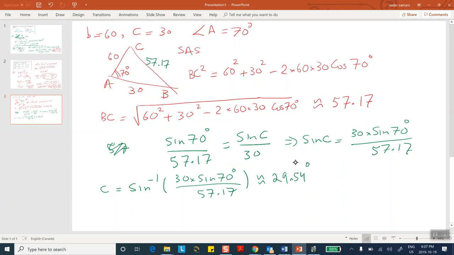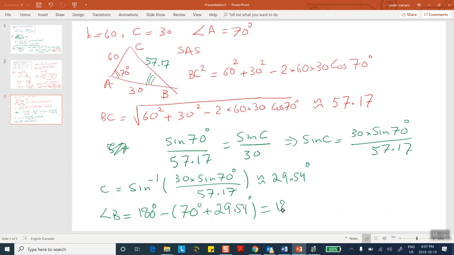And to find the other missing angle, named angle B, we use the fact that the sum of these three angles adds up to 180. So it's going to be 180 minus 70 degrees plus 29.54.